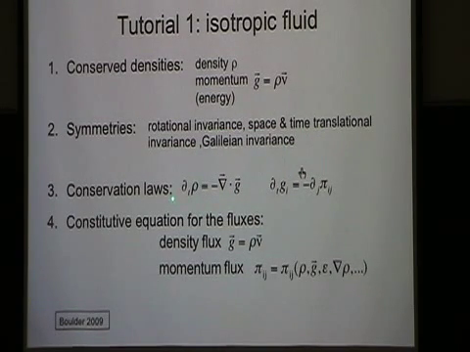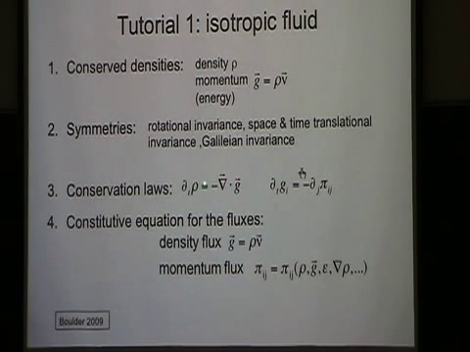So what are the conservation laws? These are the two hydrodynamic fields, density and momentum, which also define the flow velocity in the system. Conservation laws relate the rate of change of the field to gradients of some fluxes.